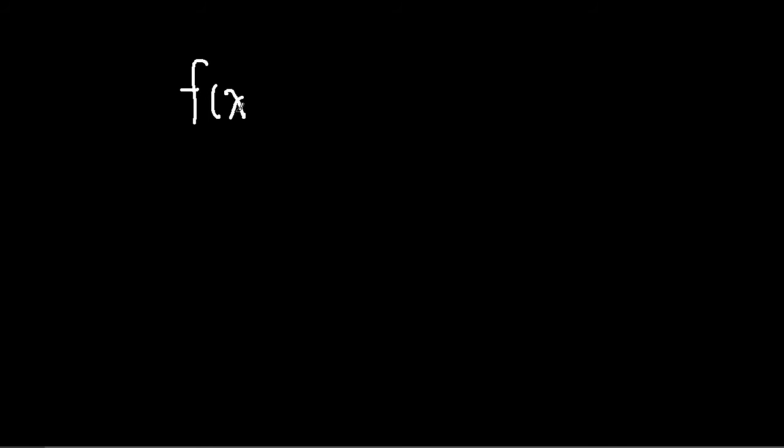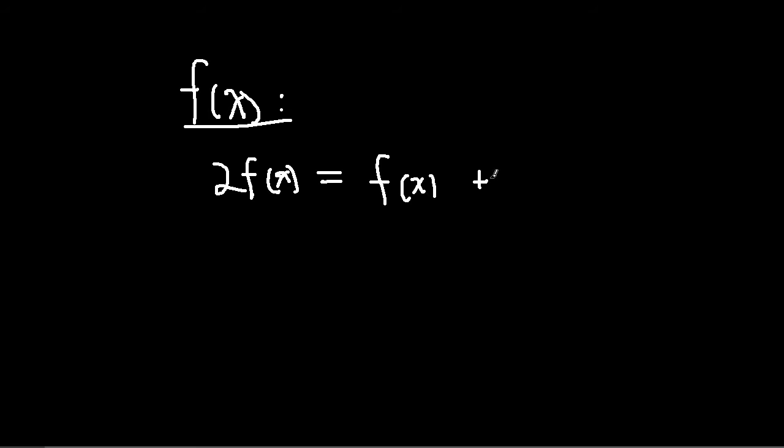Suppose I'm given f of x. Now suppose I take 2 times f of x, and I can write that as f of x plus f of x. Now suppose I add and subtract f of negative x.